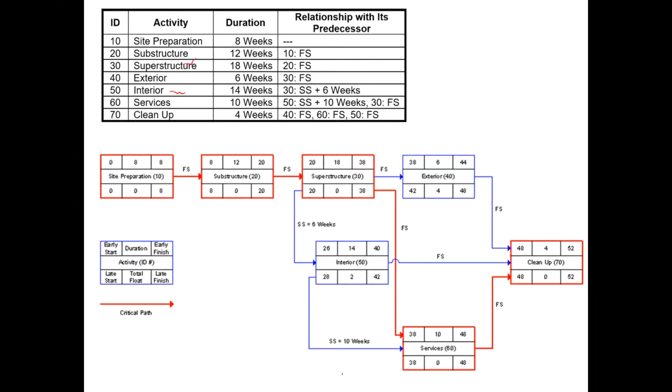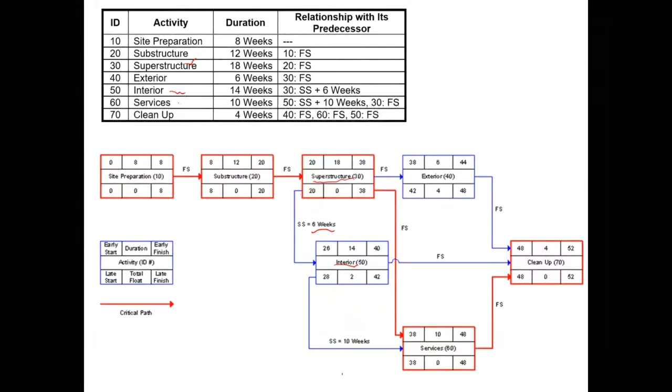So right, so here superstructure, and then we are not bringing this arrow from the end, rather it's coming from the start, which means that this is happening concurrently. We do not have to wait for the superstructure to finish before we start works on interior. When the work on superstructure starts, all we have to do is give a time lag of 6 weeks, and then we can begin work on the interior.